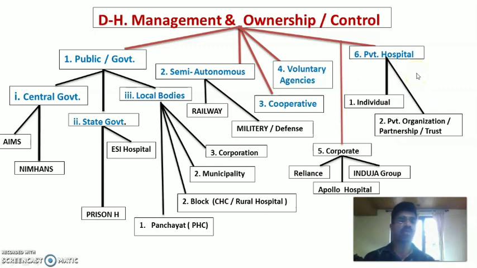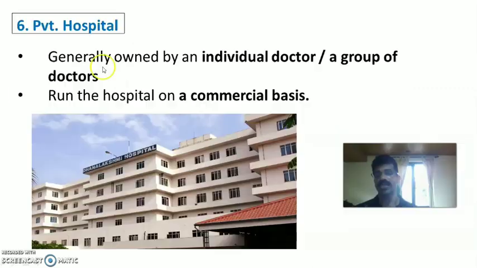Then private hospital, we have already discussed, like an individual private hospital or a private organization, partnership organization, trust hospitals, religious hospitals, etc. So they are generally owned by an individual doctor or a group of doctors together. As a partnership, they can make a hospital. That is called a private hospital.